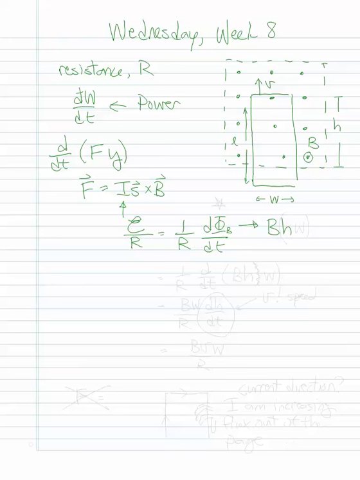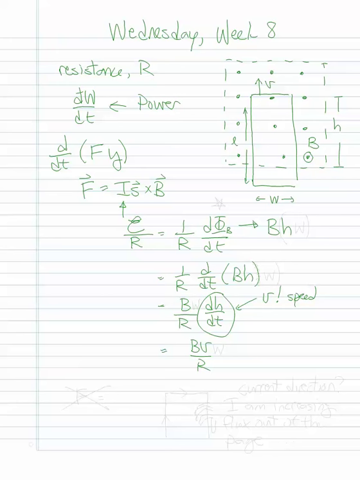But when we take 1 over R d/dt of B times h, the only thing here that's actually changing is h. And so this is B over R dh/dt, and dh/dt was given to us as the speed v. So we can rewrite this as B v over R.